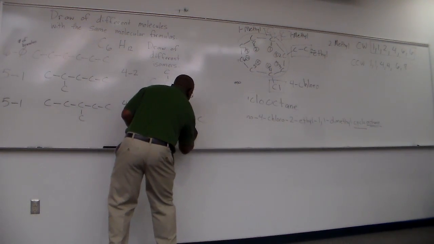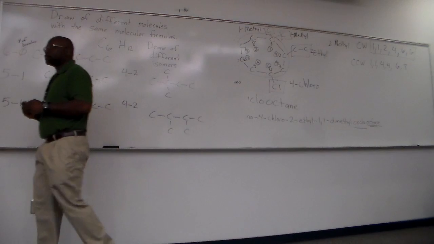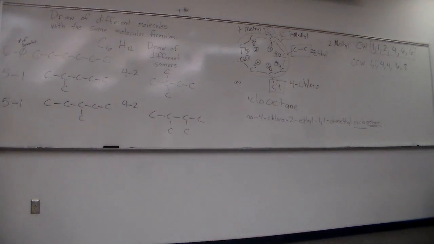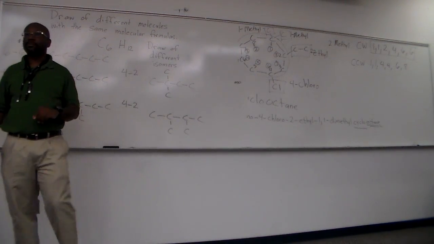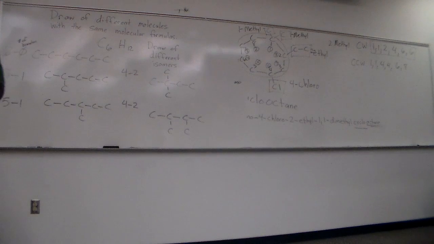Put 1 here and 1 there. It's still a branch of 2 groups, but I got my 2 groups on 2 different carbon atoms. Is this molecule different than the ones we made earlier? Yes. Only compared to another 4 carbon atom unit, basically it's not the same as the other 4 carbon atom unit we actually made.